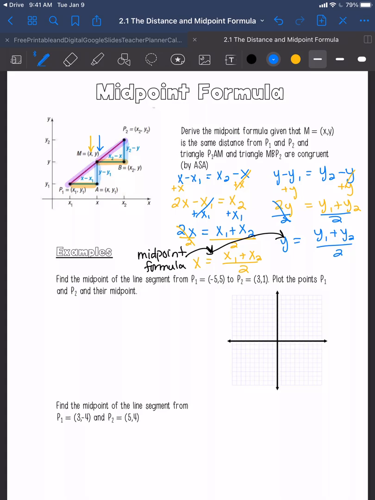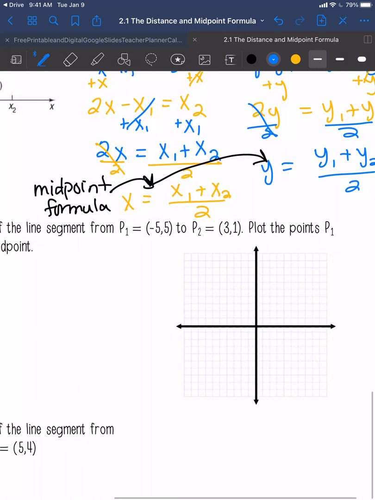So examples here, find the midpoint of the line segment from P1 to P2, plot the points and their midpoint. So negative 5, 5 here. That's P1, 3, 1 is P2.